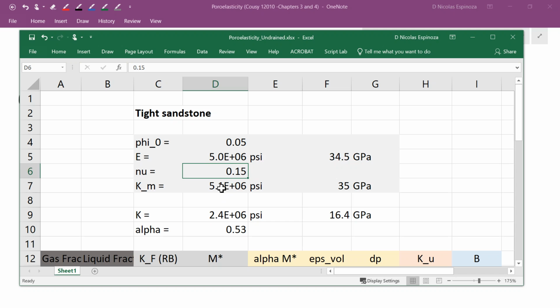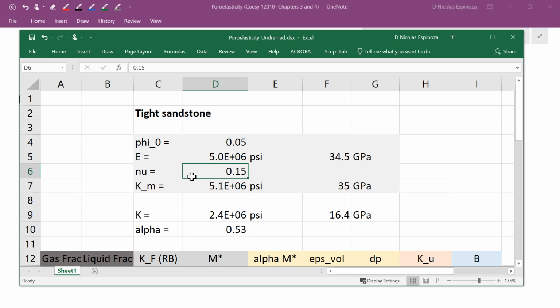And also, by getting to know the mineralogy of the rock and using an average between the Reuss and Voigt moduli, we can also get the modulus of the matrix, which is about 35 gigapascals.